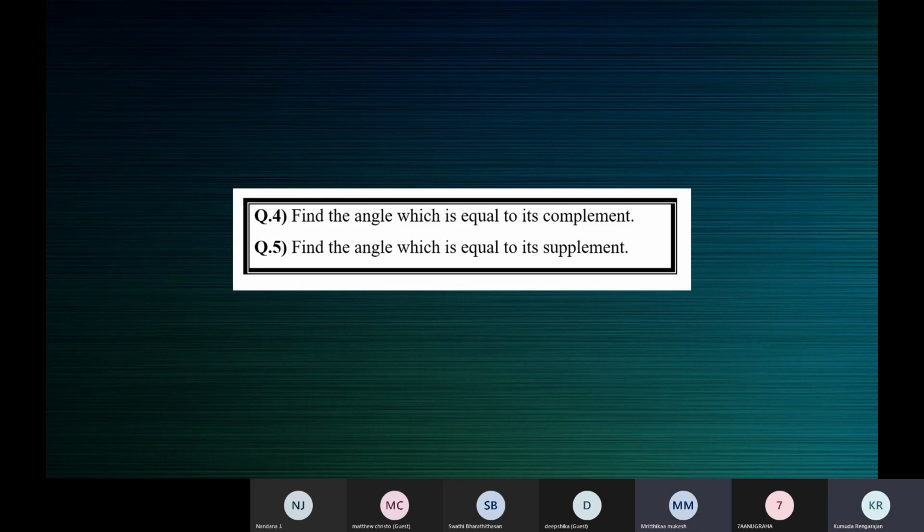Okay. No, the question is find the angle which is equal to its complement. The fourth question is find the angle which is equal to its complement.